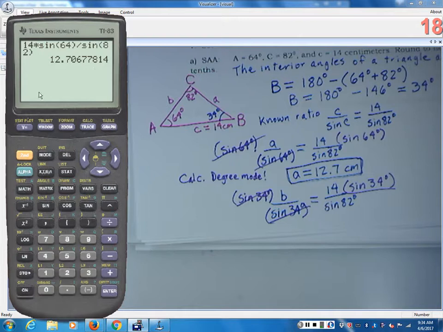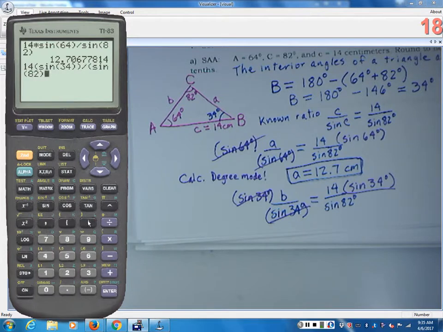So I knew I didn't need parentheses there. But if you're not sure, you can put the parentheses. So it's 14, sine 34. But you do have to close that parenthesis, and then divided by sine 82.